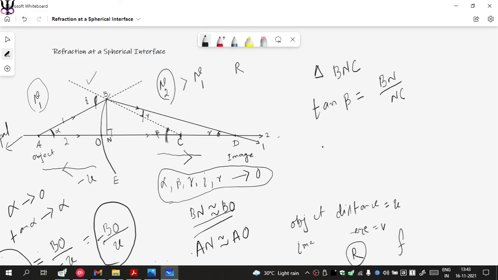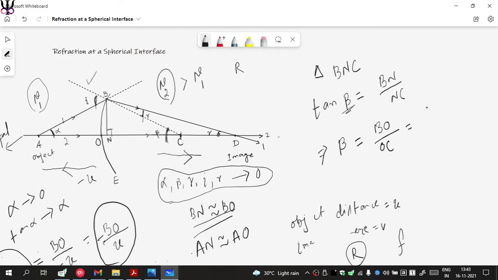Now in the left hand side we use the small angle approximation. That means tan beta is approximately the same as beta, and then BN will be approximated as BO and NC will be approximated as OC.